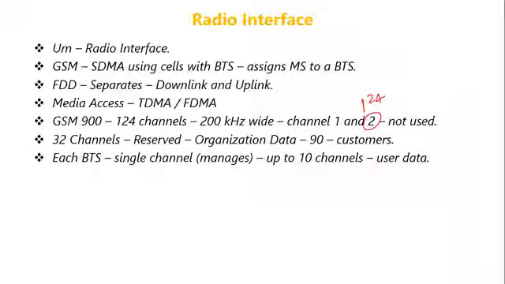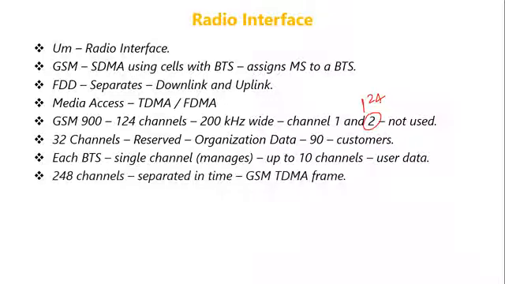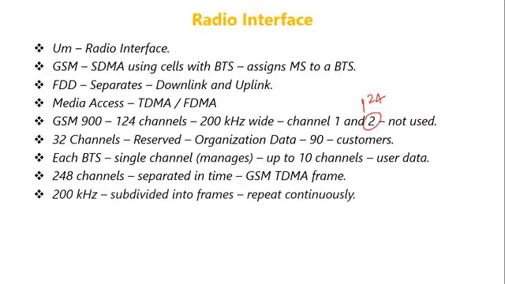Each of these 248 channels is again separated in time through a GSM TDMA frame, because there should be a guard space. Each 200 kilohertz carrier is subdivided into frames that repeat continuously, and the duration of each frame is 4.615 milliseconds.